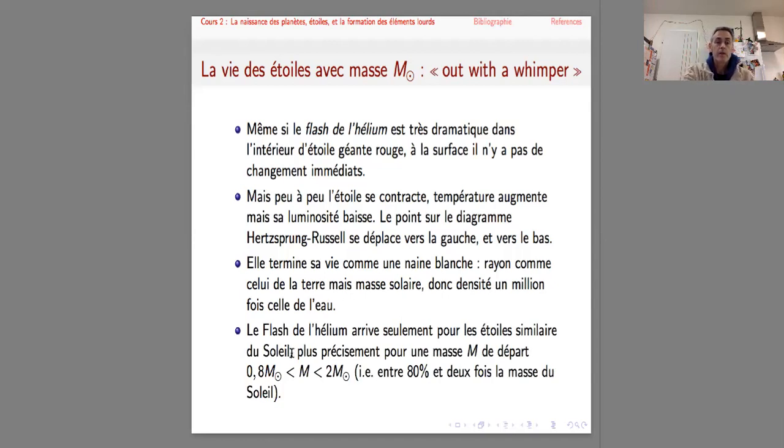And just a little caveat, this helium flash, I said it happens for stars with mass similar to that of the sun. To be a little bit more precise, it's in this mass range here, where this is the initial mass, the mass when it first entered the main sequence, the ZAMS line.